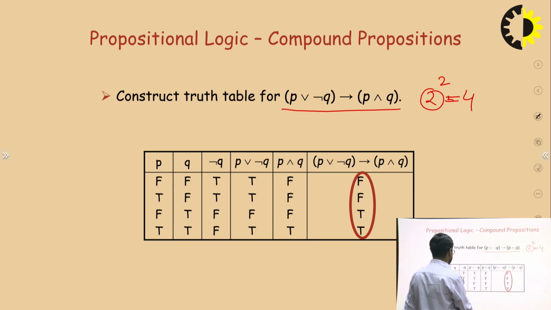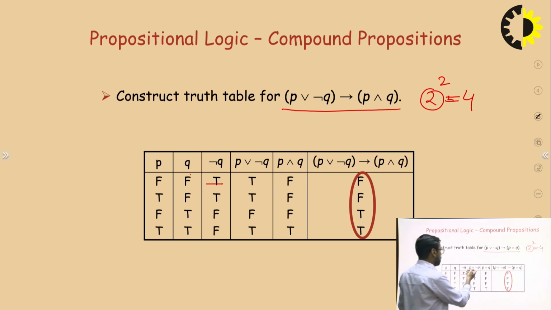For p and q the cases are: false false, true false, false true, and true true. For negation of q, for the value false it is true, for true it is false; the negation of q is just the inverse.